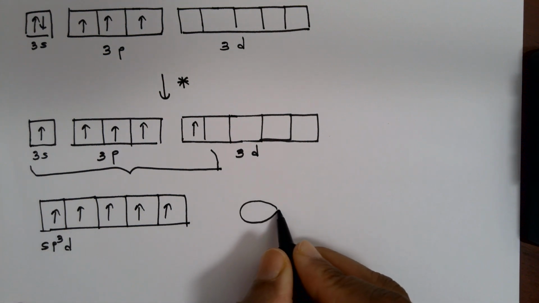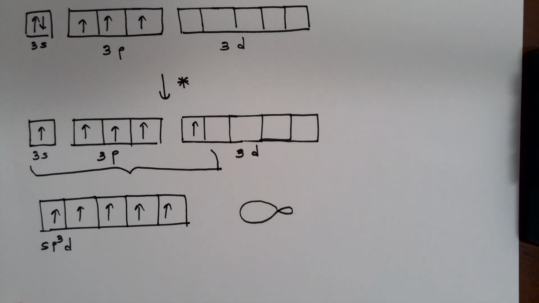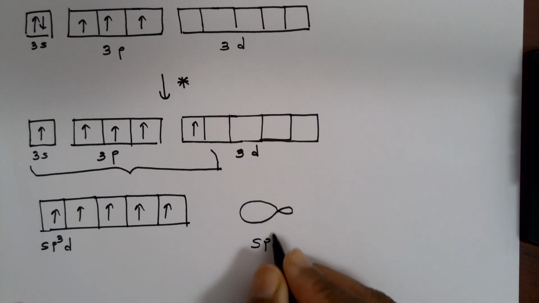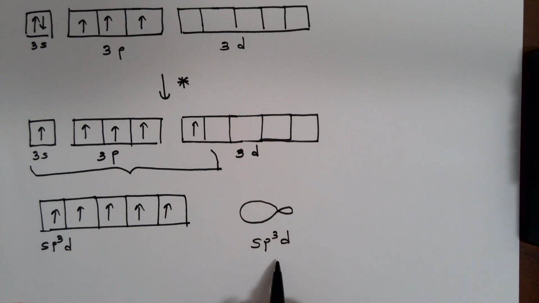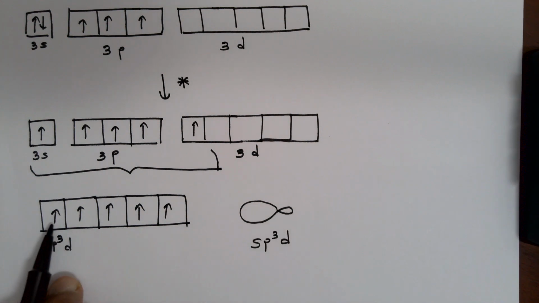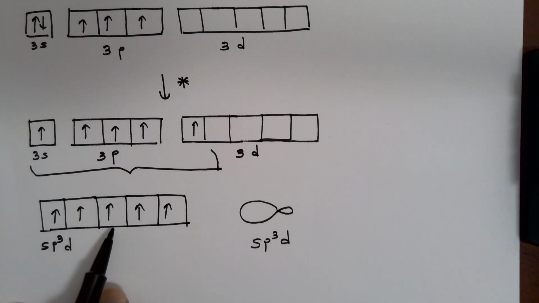One lobe is large and the other side lobe is small. This is one sp3d hybridized orbital. The same type of 5 orbitals are formed, each orbital occupied by one electron.